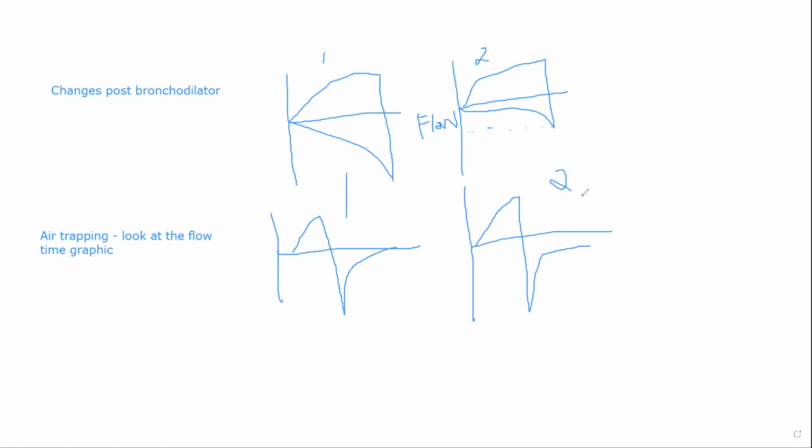Number 2, very good. So as the patient is exhaling, there's air still leaving the lungs, and it keeps that way even after the next breath starts. So if it's not touching baseline at the end of exhalation, we have air trapping occurring. How would we measure that?